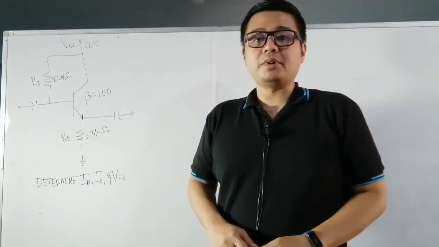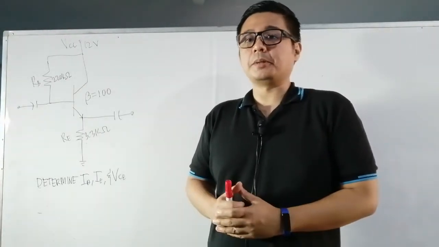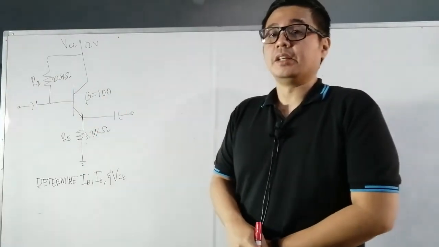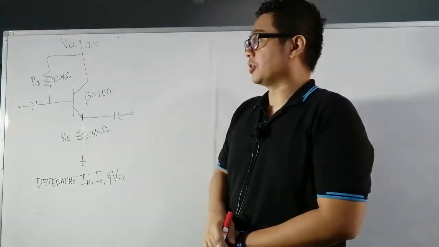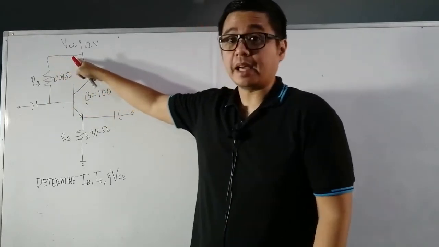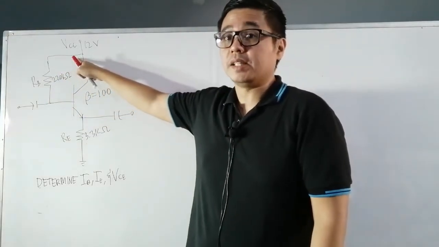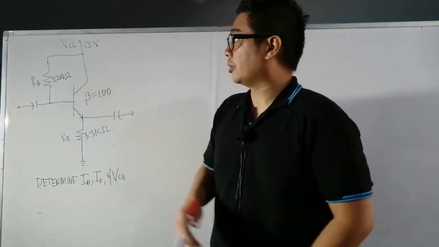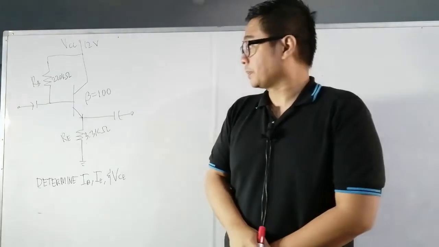We have a second example for the common collector configuration. For this circuit, meron tayong ibang variation for the common collector configuration. This time, yung RB natin is connected to a power supply, which is now called VCC. The collector is connected to your VCC also.